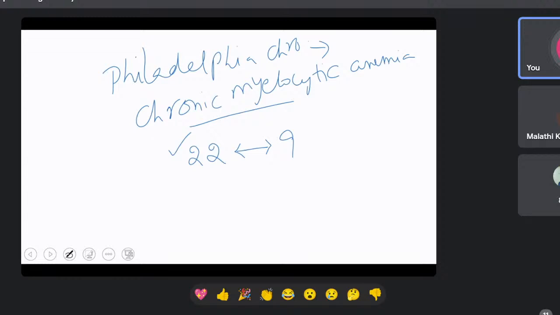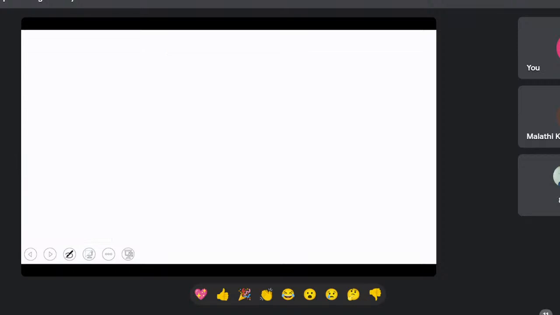Which one is shorter and which one is longer? 22 is longer, 9th one shorter. Anyone else? 9 is long, 22 is short. సో మీకు క్యారియోటైప్ గురించి ముందు చెప్పి ఆ తర్వాత చెప్తాను.